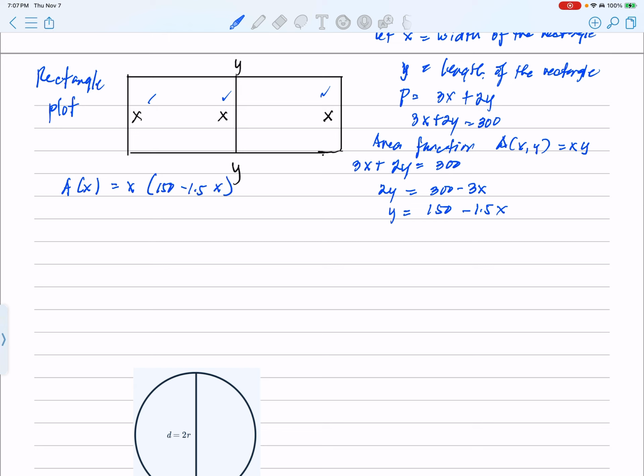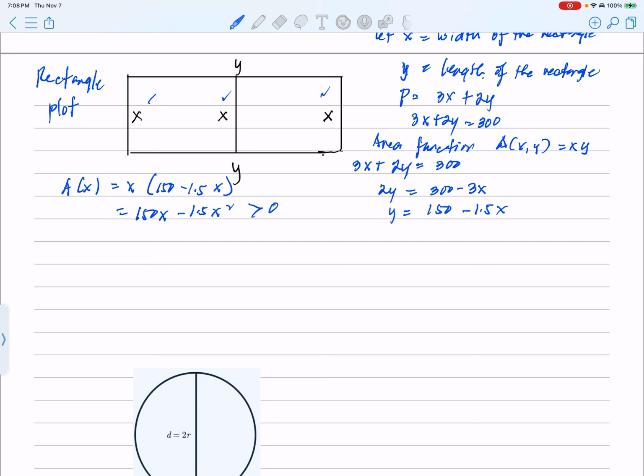Because x represents the length, it must be a positive value. So we determine the upper limit of x by finding where the function is greater than or equal to 0. It should be greater than 0.